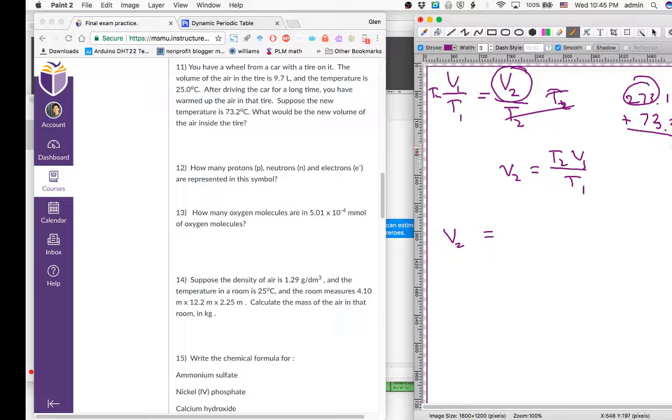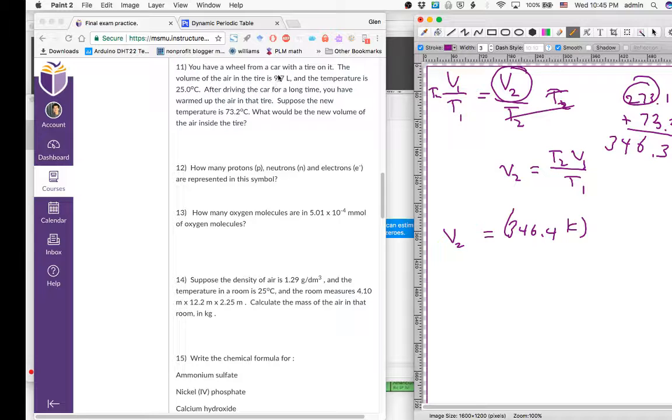So the answer here is 346.35. Of course, this is not significant, so it's 346.4. So T2 is 346.4 Kelvin.